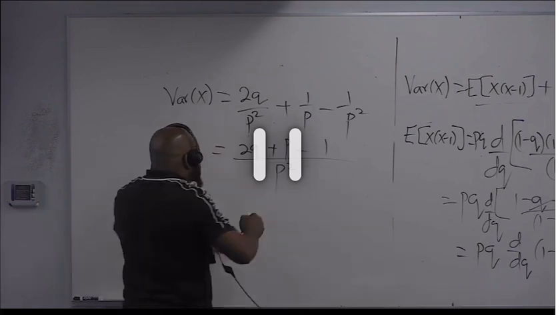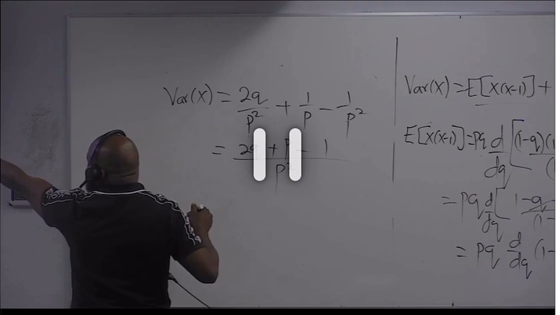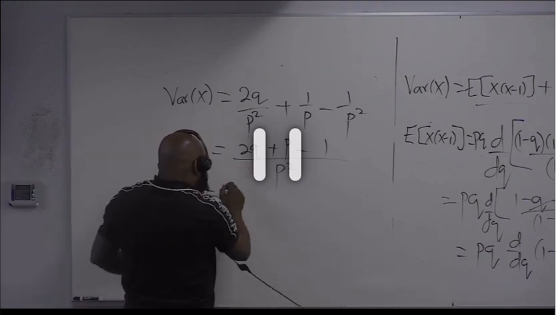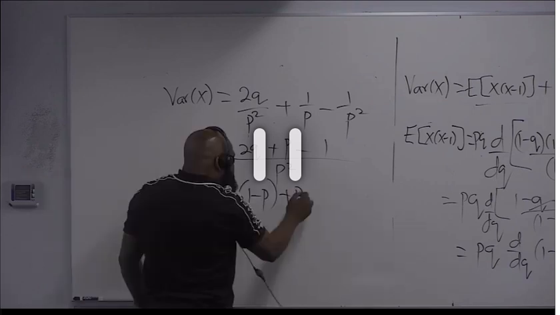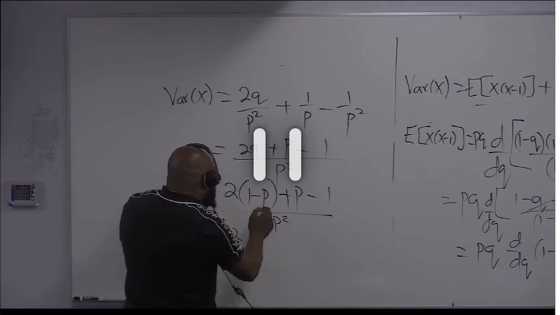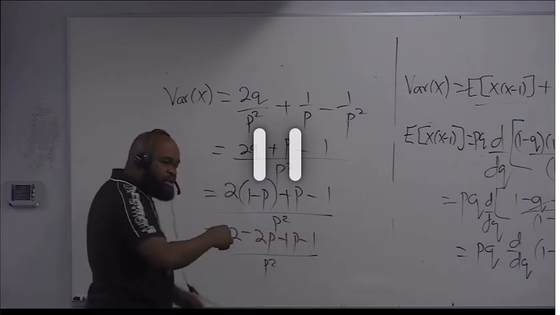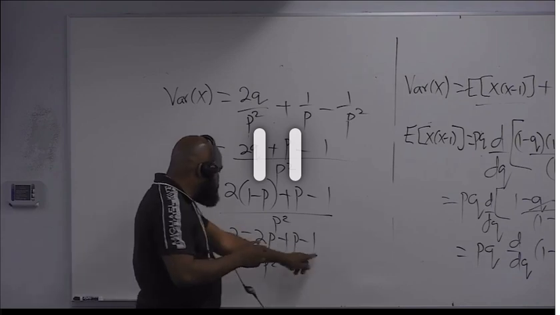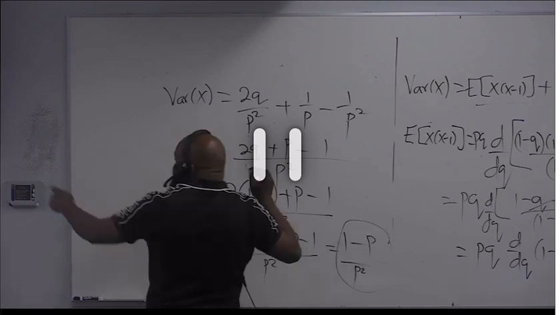Now I want to simplify this. If you take a look at the variance, 1 minus p over p squared. So instead of q, 1 minus p, plus p minus 1 divided by p squared, so it's going to be 2 minus 2p plus p minus 1 divided by p squared. 2 minus 1 is 1, negative 2p plus p is negative p.